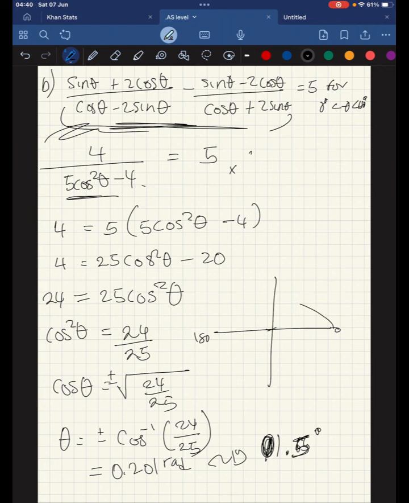So this is here, 11 degrees, and then we can have it happening another place, and that will be pi minus 0.201. That gives around 2.94, and that's somewhere about 168.5 degrees. Cool.